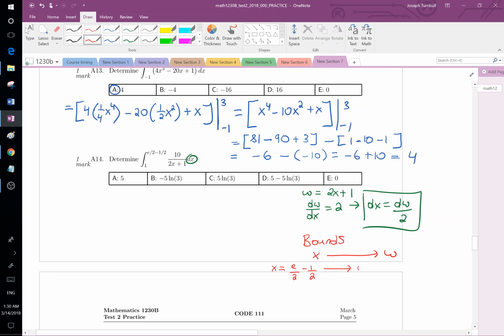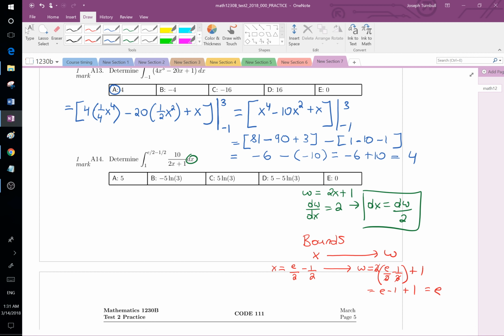And w is equal to 2x plus 1. We're going to have 2 times the x, e over 2 minus 1 over 2, and then plus 1. The 2's cancel. We're going to have e minus 1 plus 1, which is e. So our top bound is e.